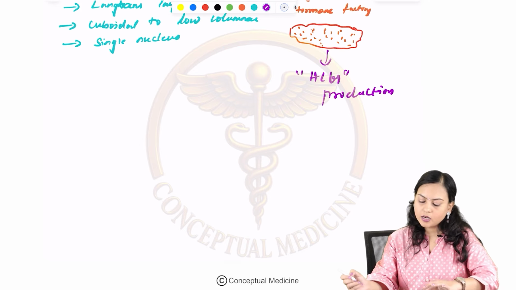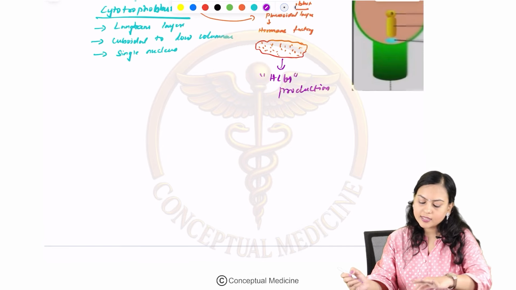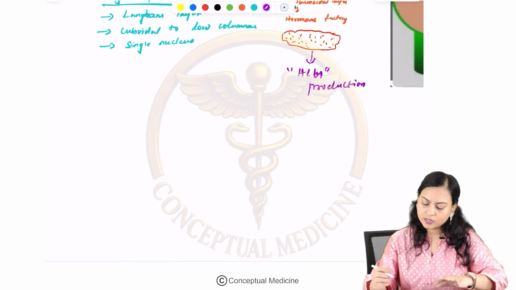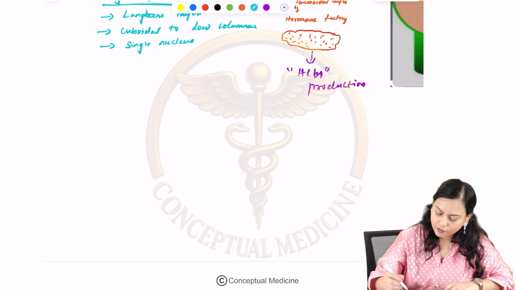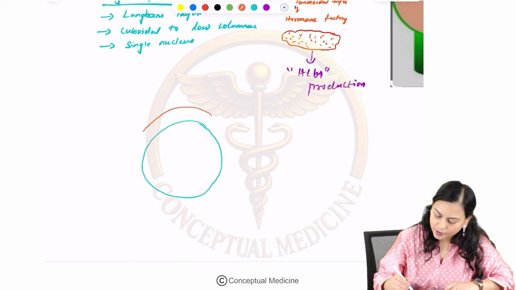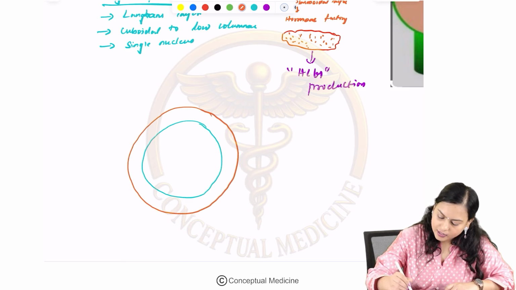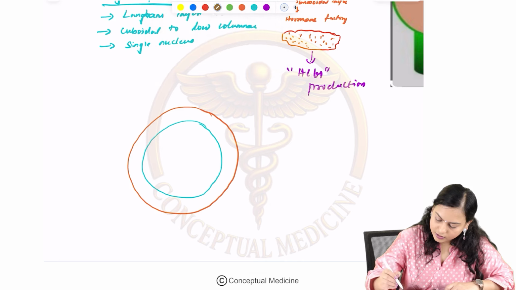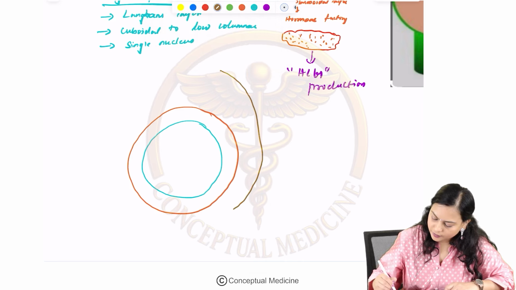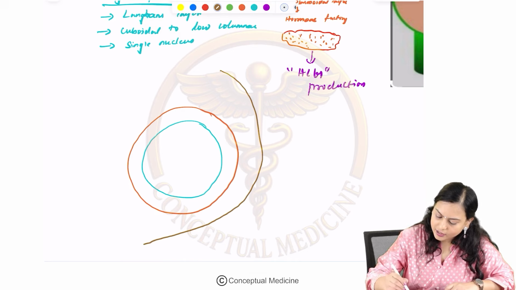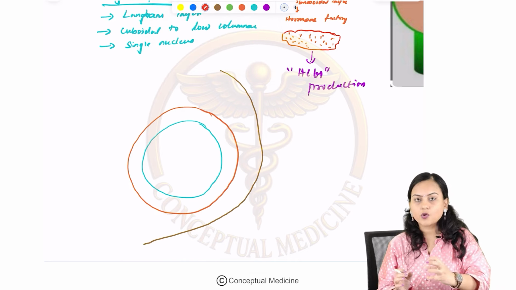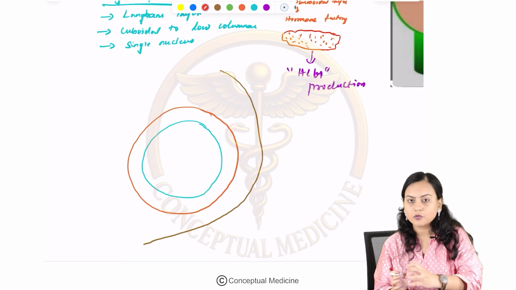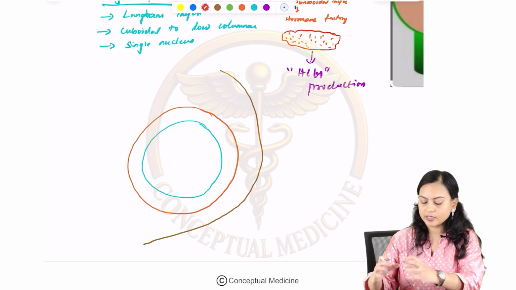Now, what happens is, as the syncytiotrophoblast is formed, say this is the cytotrophoblast layer and this is the syncytiotrophoblast layer and this is the uterine endometrium. As this is formed, this whole mass is going to erode into the uterus, right?